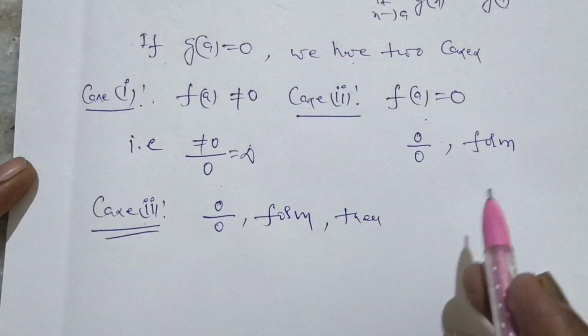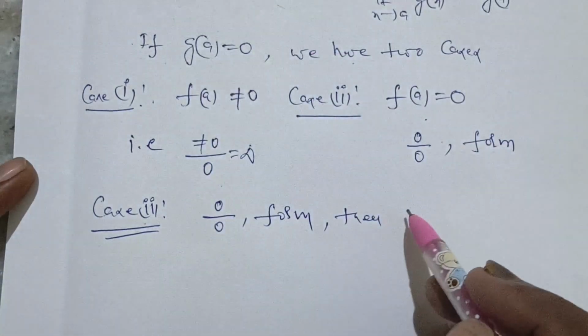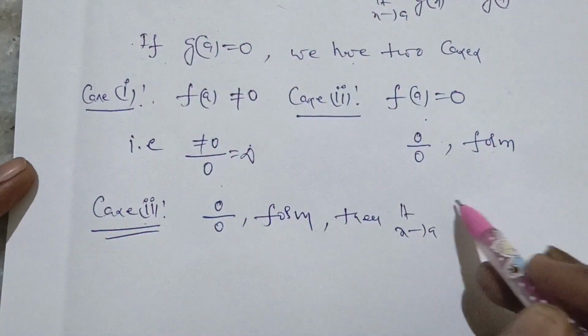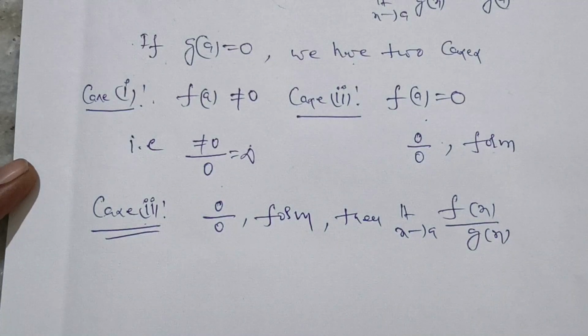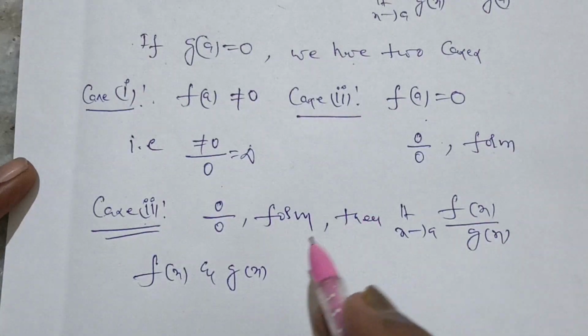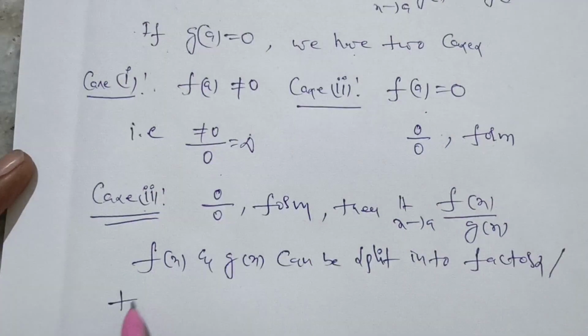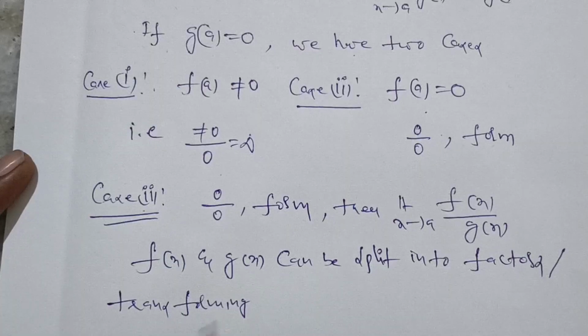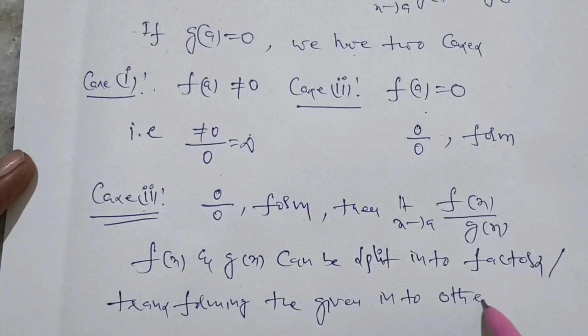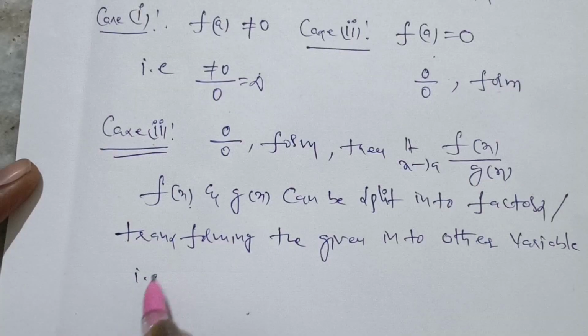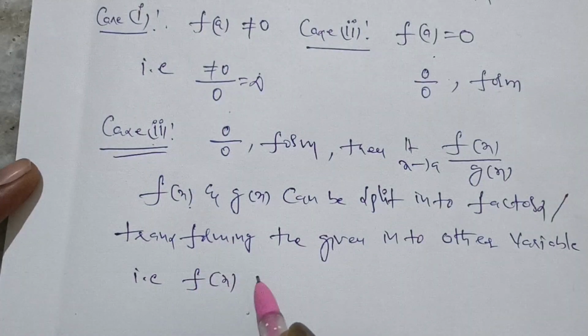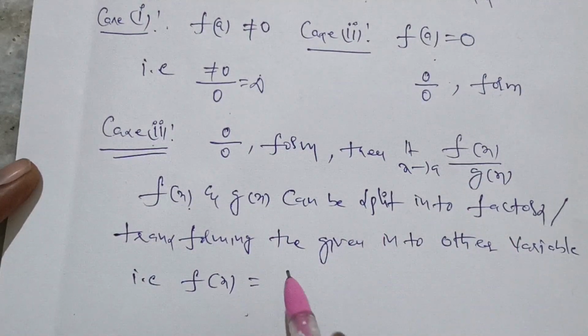For case 2, 0 by 0 form is there. Then the given problem, limit x approaches a of f of x by g of x, is of the form 0 by 0 after applying x equals a in the given function. In this case, we split numerator f of x and denominator g of x into factors or transform the given problem into other variables.